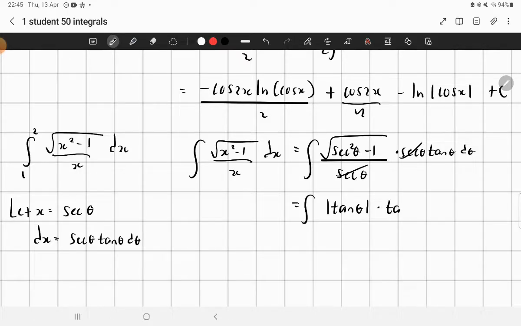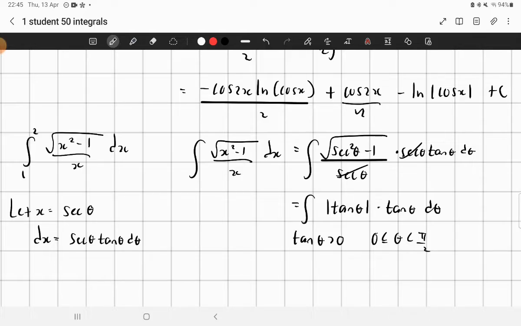So I have to mention the restriction of the domain for theta: tangent theta larger than 0 is on 0 up to theta less than pi over 2, where pi over 2 can't be included for tangent theta itself.